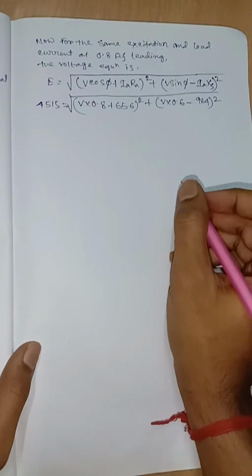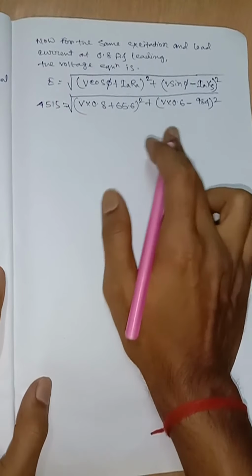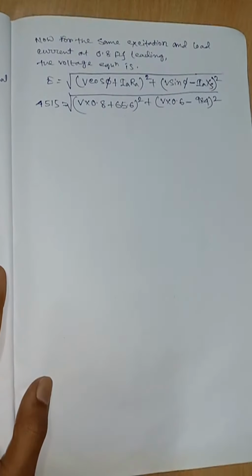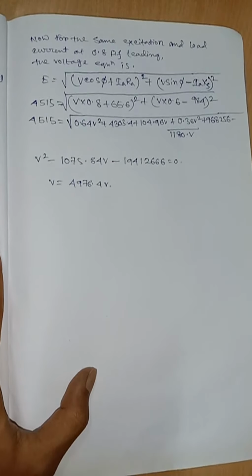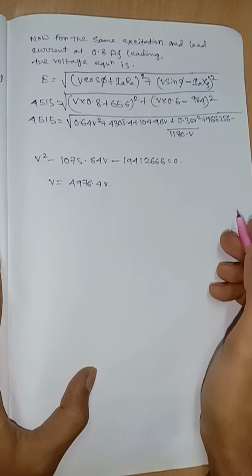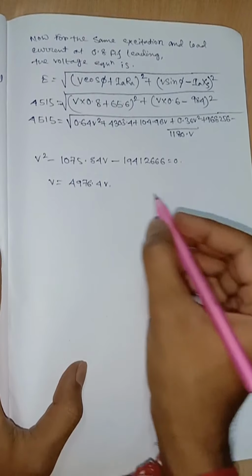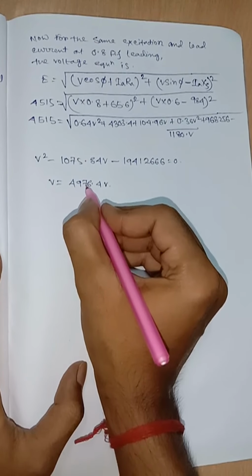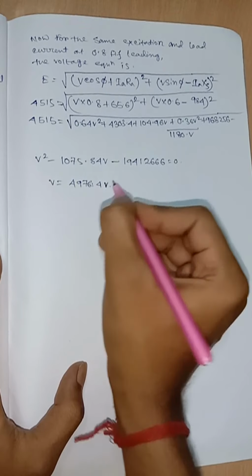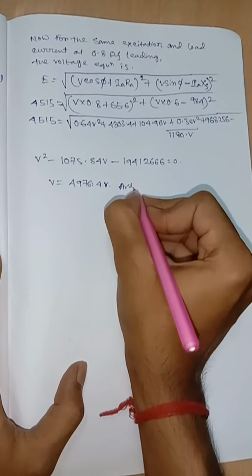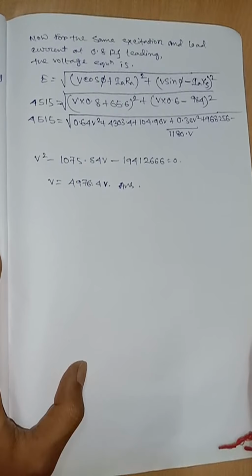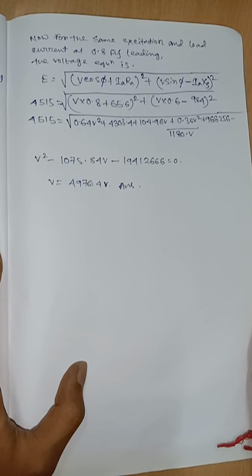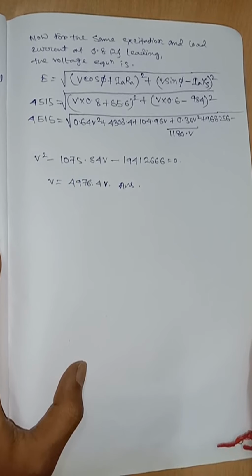So we simplify this equation, and after solving we find the value of V, that is 4976.4 volt. It is our terminal voltage for the same excitation and load current at 0.8 power factor leading. Thank you.